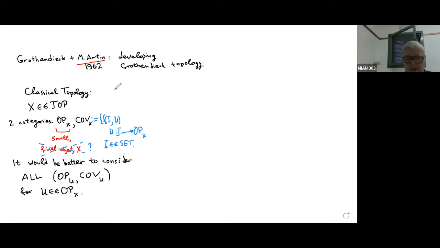After taking this point of view, we can arrive at the official definition of the Grothendieck topology in a very straightforward manner.